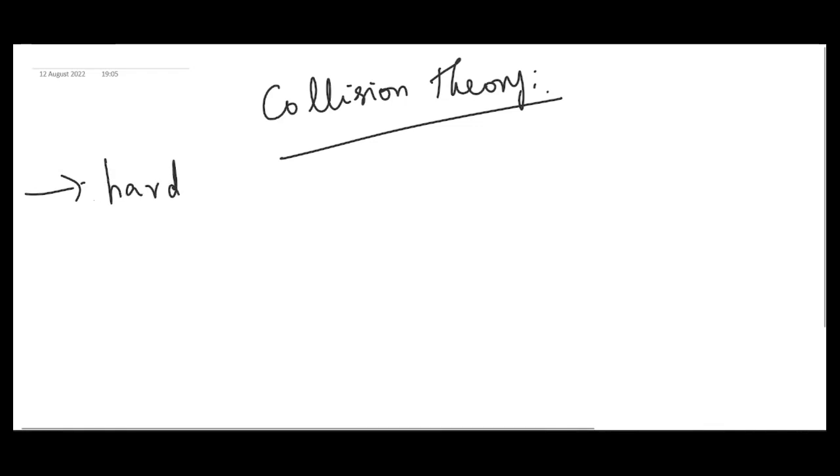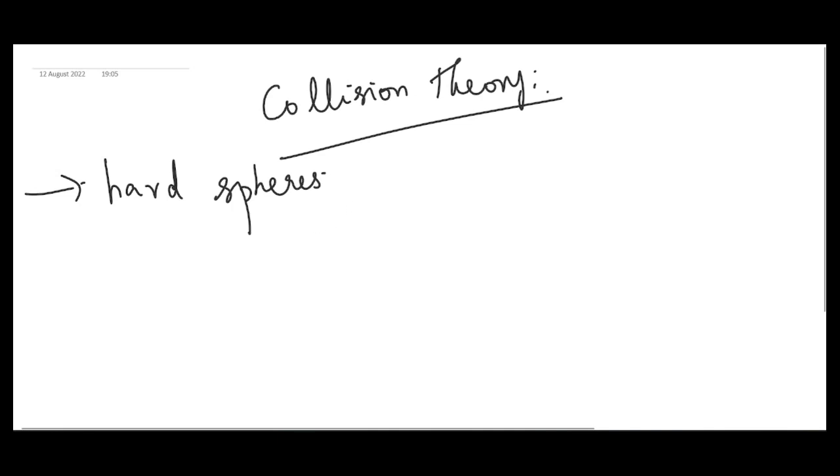Now let us come to the collision theory. This theory assumes the reactant molecules to be hard spheres. It assumes the hard spheres react with each other when they collide with each other. So these spheres collide with each other to produce the products. Now the relation which collision theory proposes is somewhat similar to the Arrhenius equation.